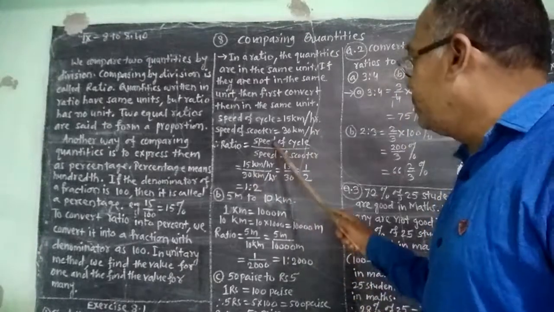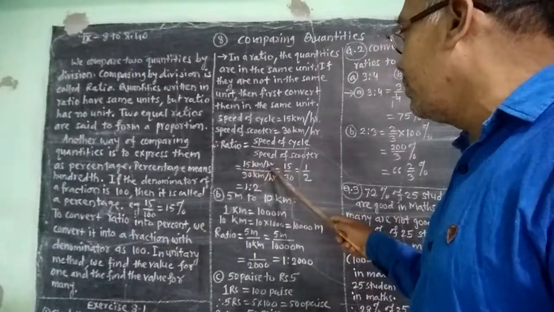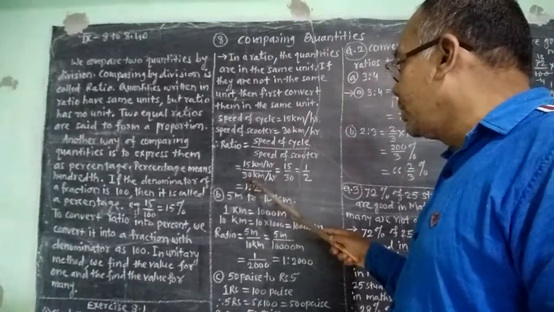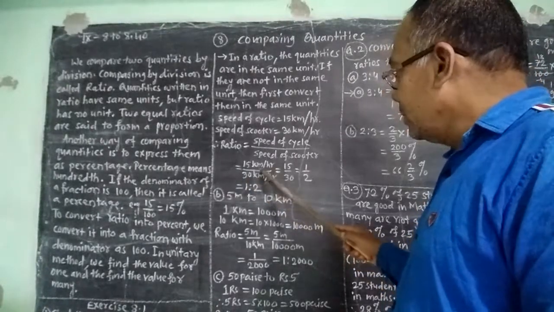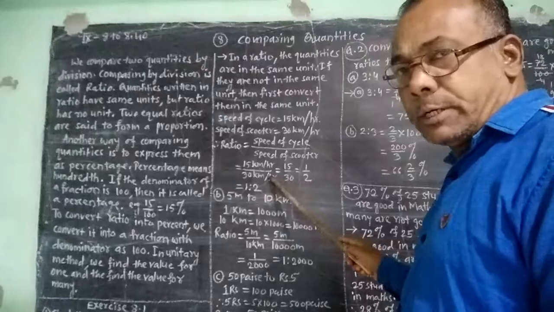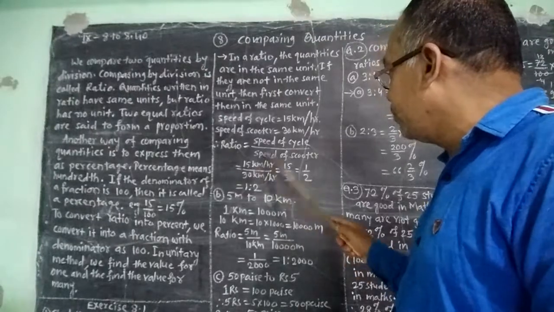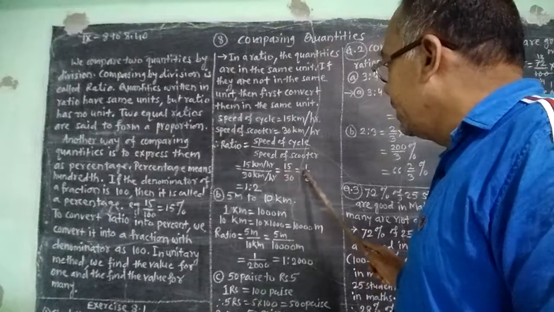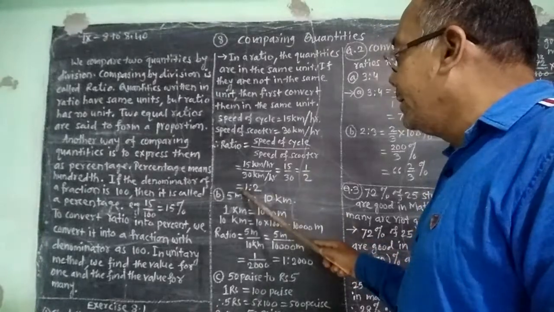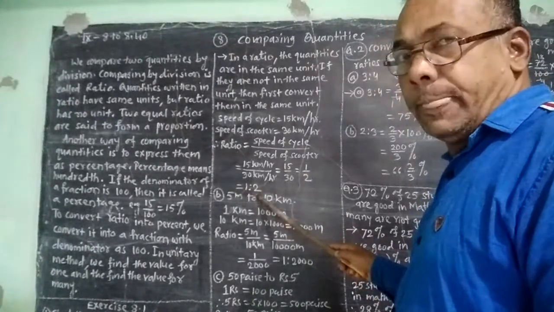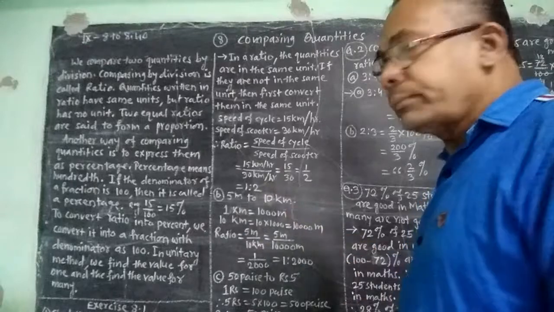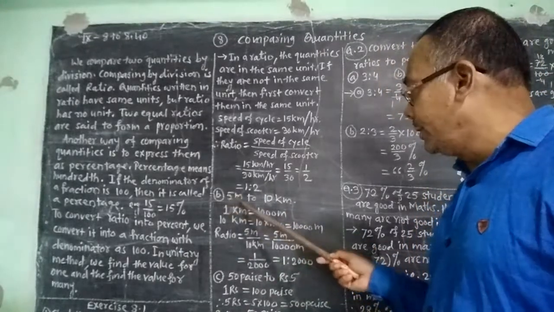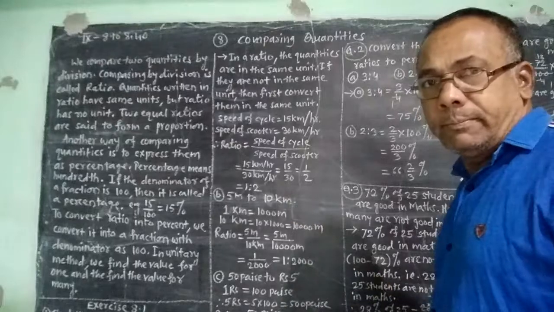Kilometer per hour will get cancelled and we get 15 upon 30, and if we reduce it we get 1/2, or it can be written as 1:2.